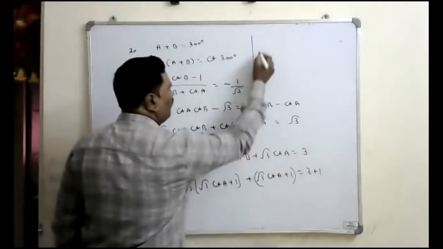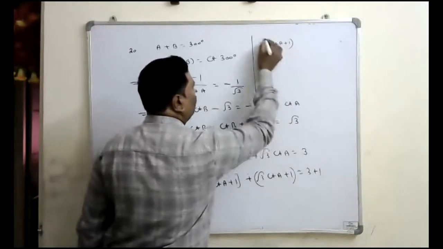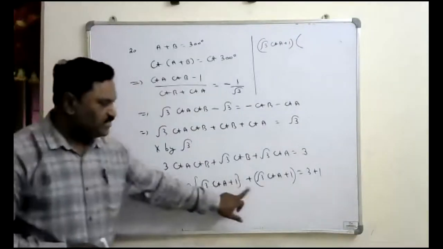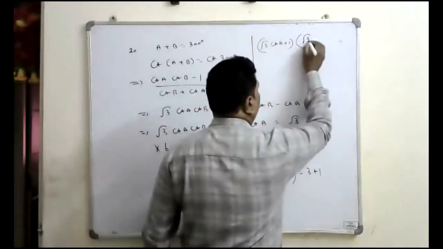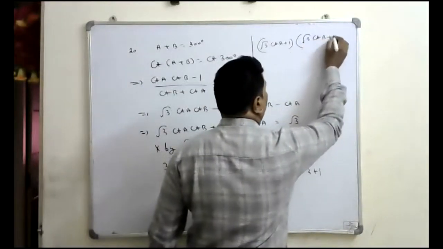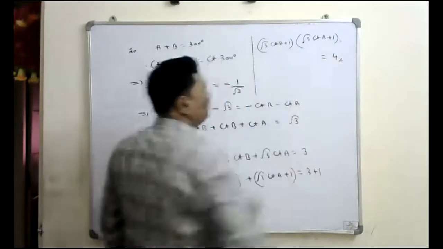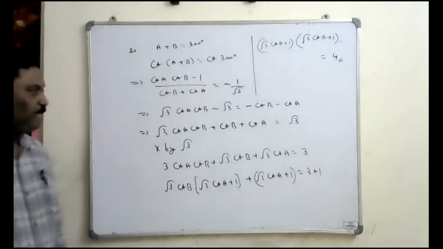Then the remaining is root 3 cot B plus 1, is equal to 3 plus 1, 4. So that answer is 4. So that is the procedure. Take that.